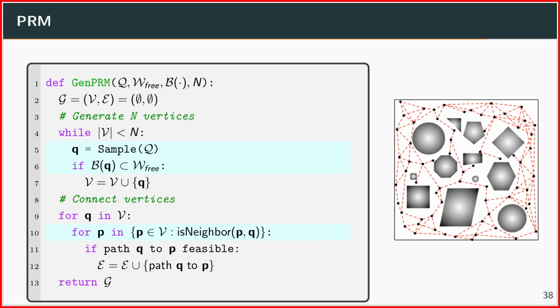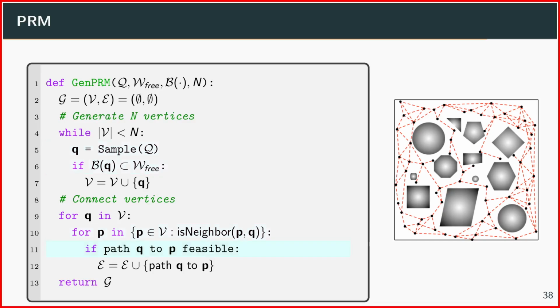And then we also looked at how you can store the vertices in an efficient way and how you can query them to get neighbor points so that you can connect each of the points here to the neighbors which are in the roadmap.